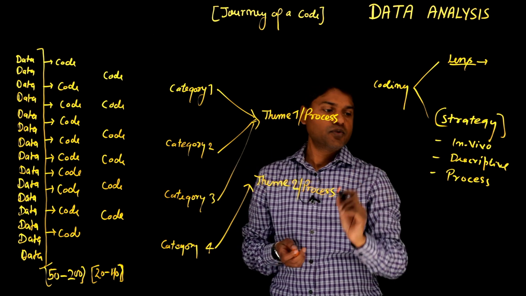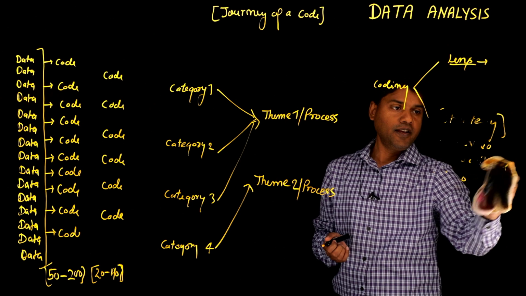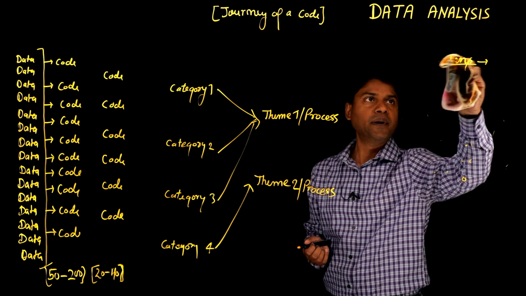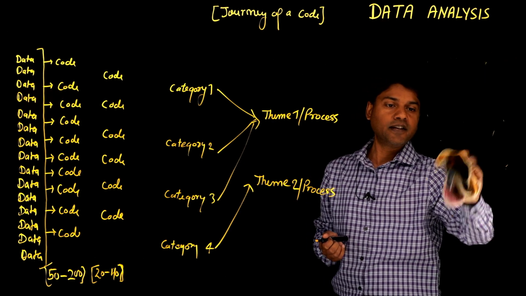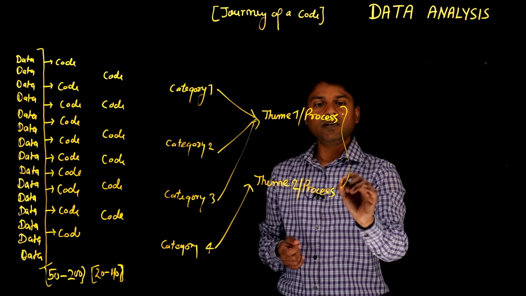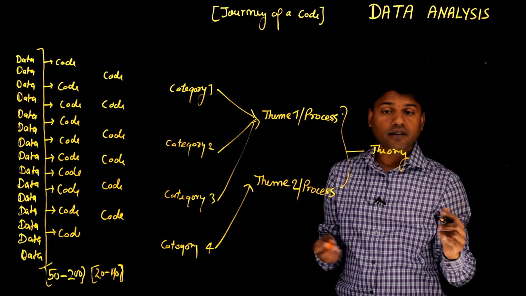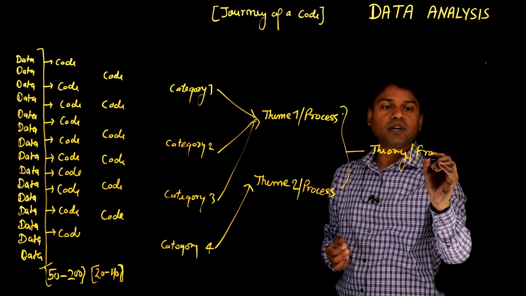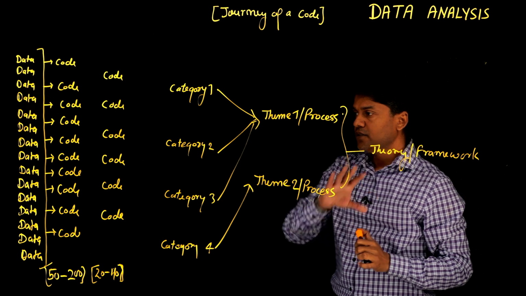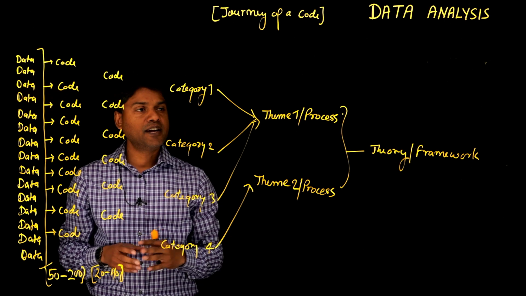And finally, these themes or process can lead to a theory, a framework that you develop based on the data that you have collected. So these will lead to a theory, a grounded theory, or a framework that you develop. So that's the flow of a code. That's the life journey, the lifespan of a code.